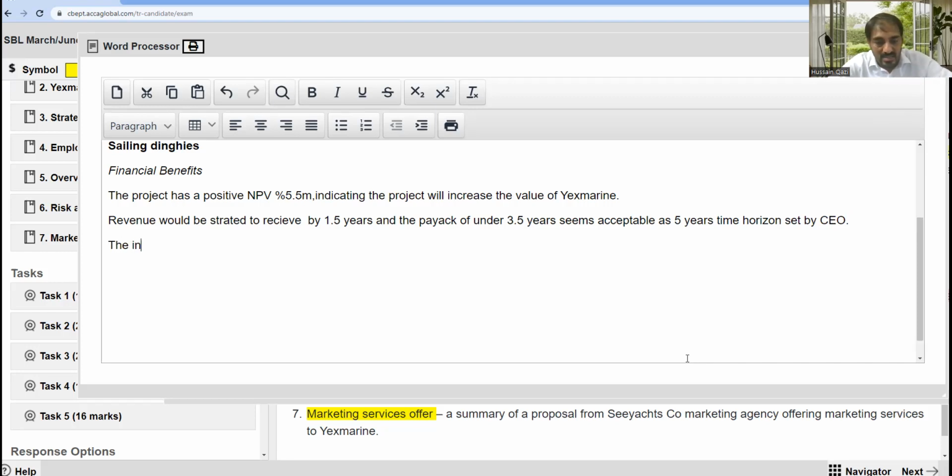The investment would leave a surplus of 6 million for investment elsewhere or any other project.